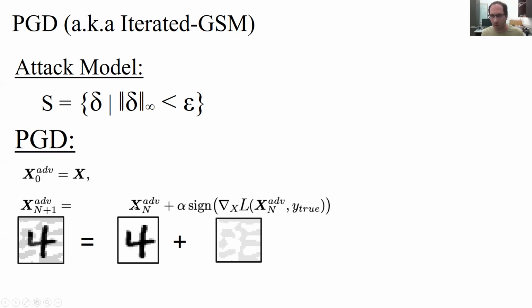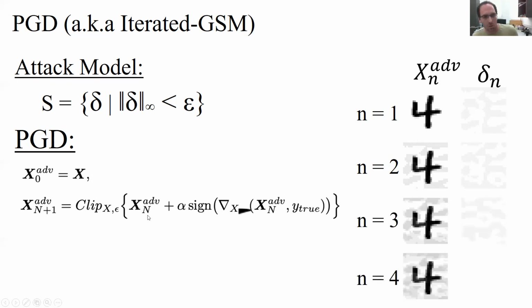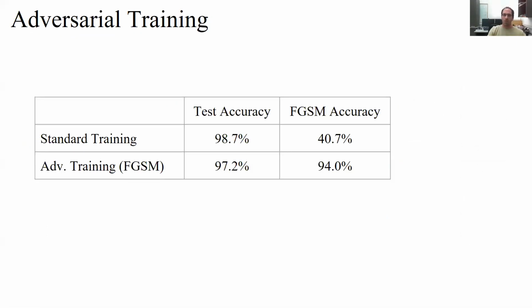Let's see how it works. It starts from the first step, you get some adversarial example, which is FGSM, and then you continue doing the next step. The important thing is to clip so it would not leave the allowed region. And then you continue again until you get your desired adversarial example. So this is PGD.